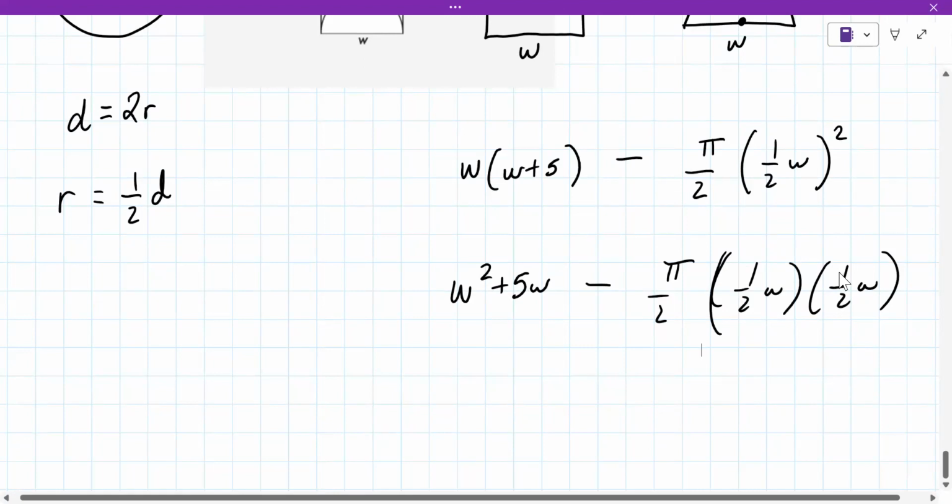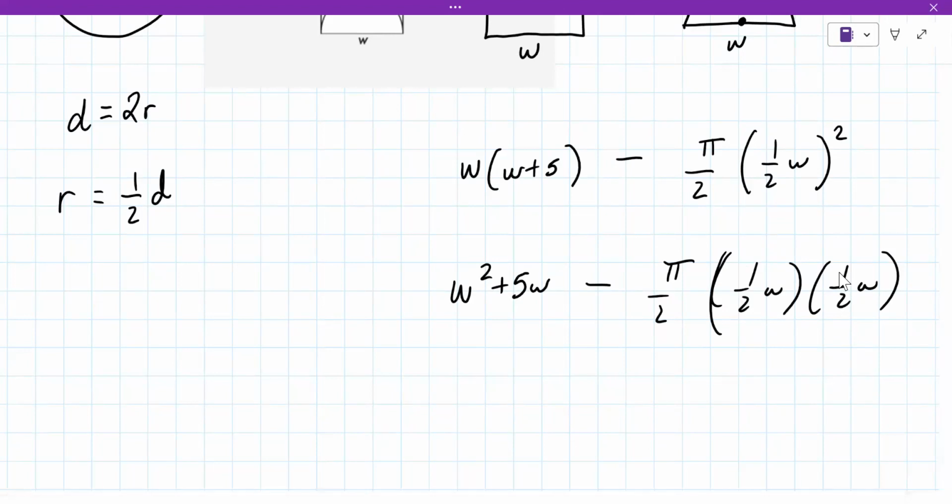That's going to be 1/4. And then what is W times W?